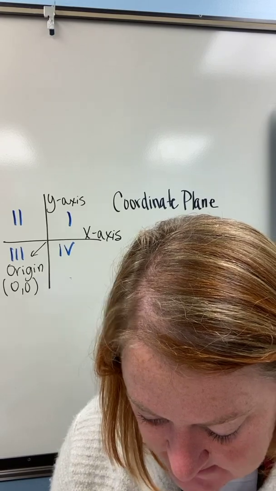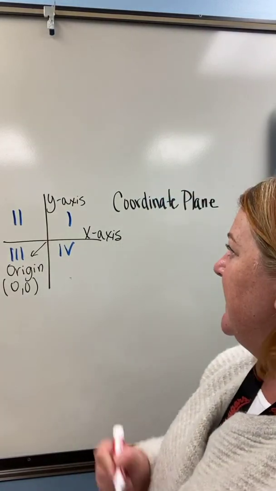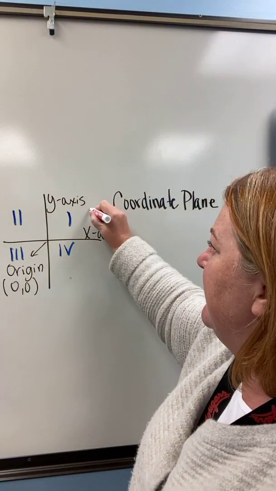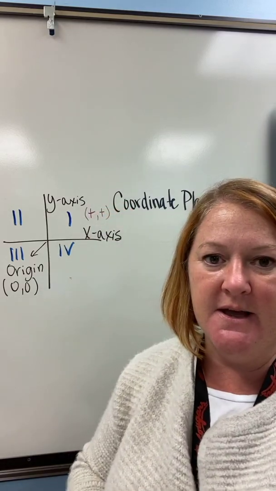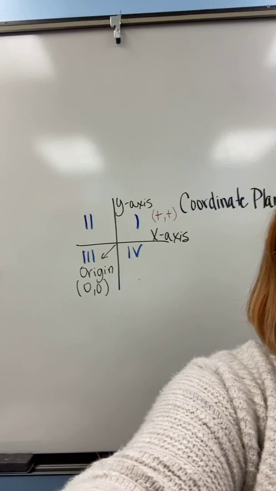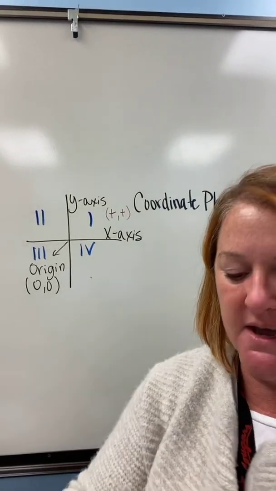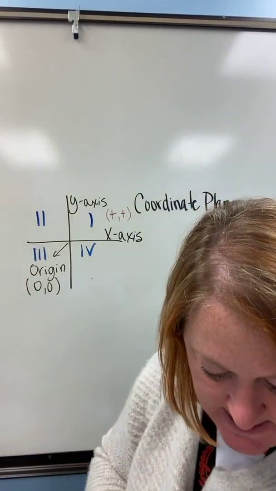We have talked about that in quadrant 1, you're going to have a positive by a positive. Oh, you can't see that. Oh, I guess you can. Ordered pair.